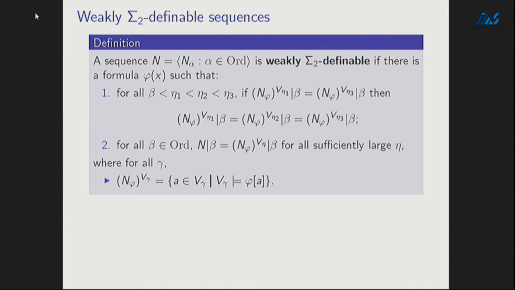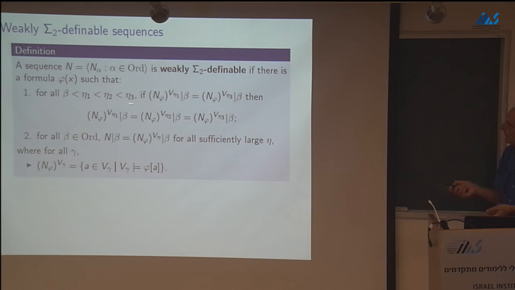If you take any beta and then 3 ordinals, where this notation means we interpret in V gamma the class defined by phi, that is, all the things where V gamma thinks phi holds at A. So if that interpretation in V eta 1 restricted to beta is the same as that interpretation in the third stage restricted to beta, then it's equal in the intermediate stage.